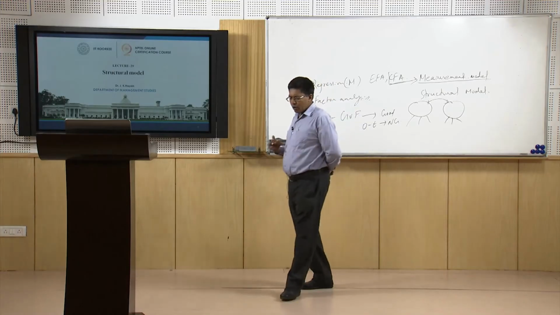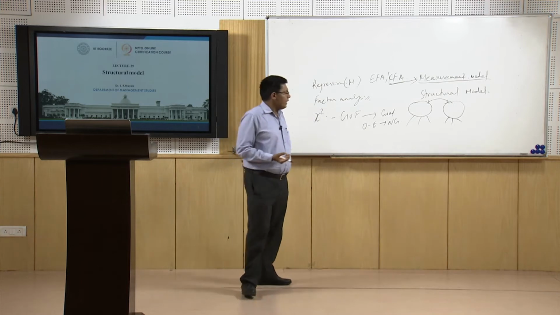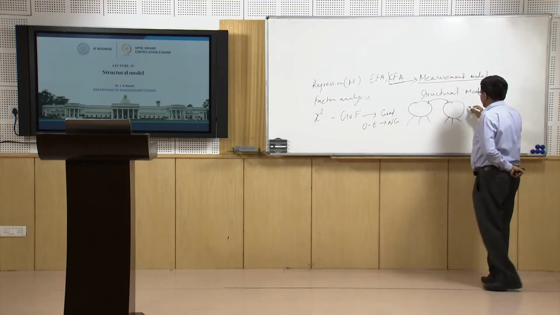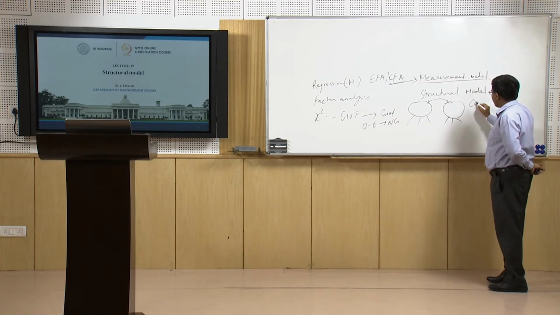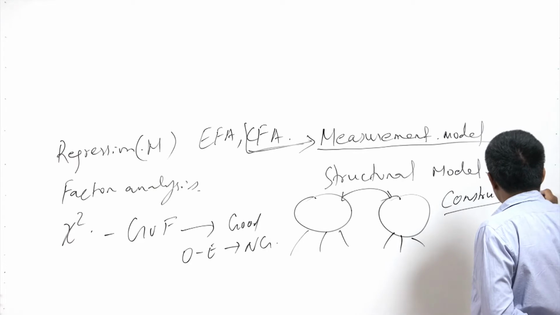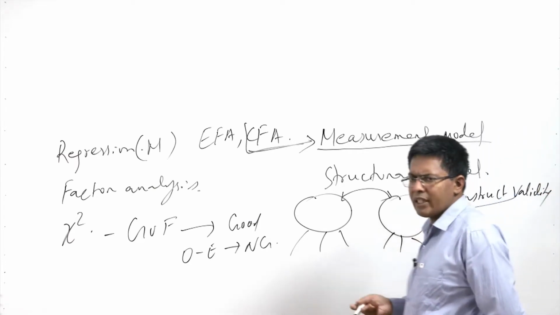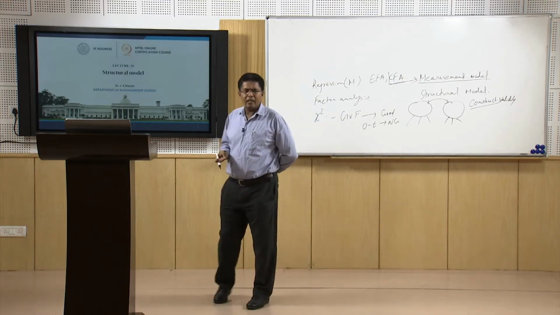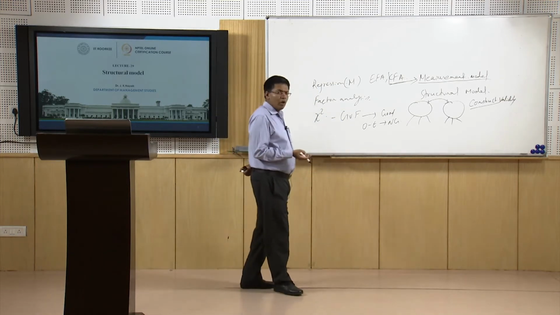You check validity through the construct, which we call construct validity. To do the construct validity we use certain ways, for example convergent validity, discriminant validity, and nomological validity.